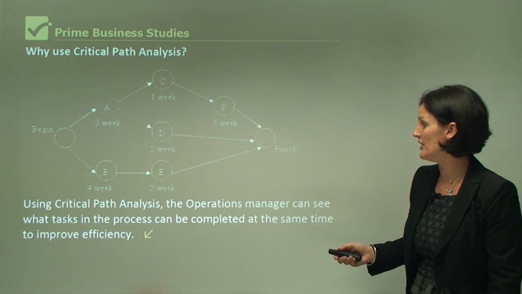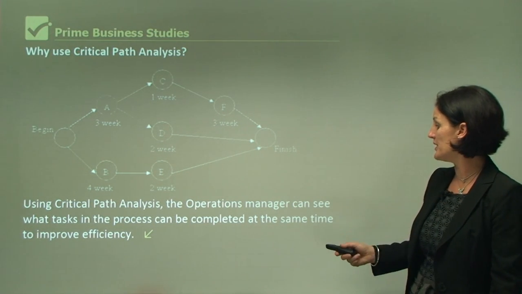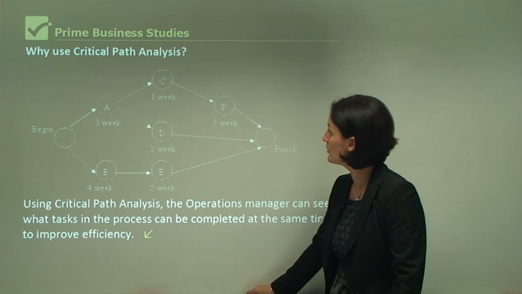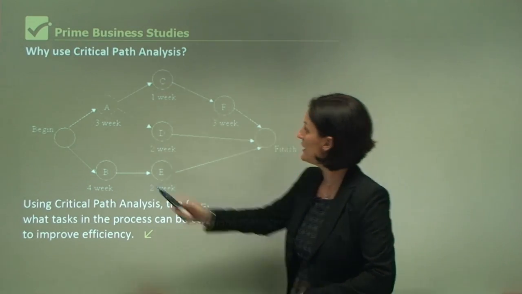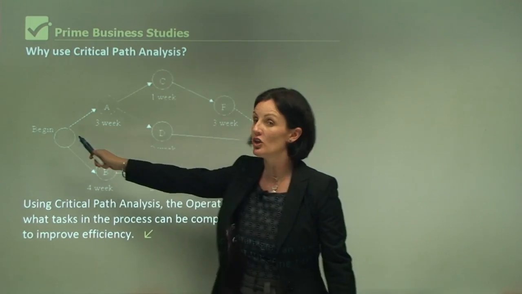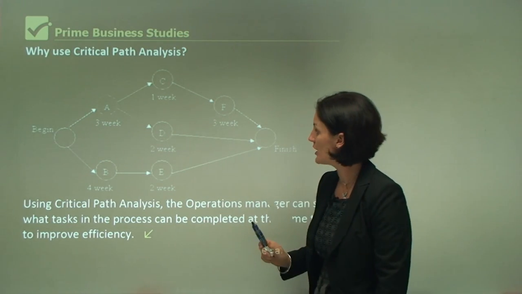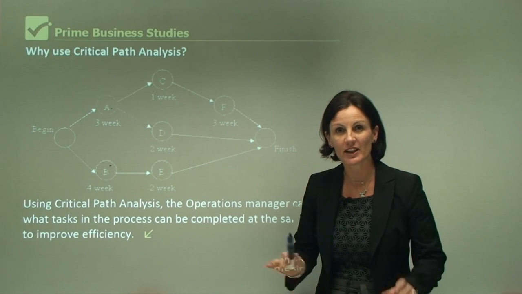Using critical path analysis, the operations manager can see what tasks in the process can be completed at the same time to improve efficiency. Now, in this particular example, we can see that instead of beginning here and ending here and going in a straight line, this operations manager is saying, okay, A and B can be done at the same time. So let's save time.